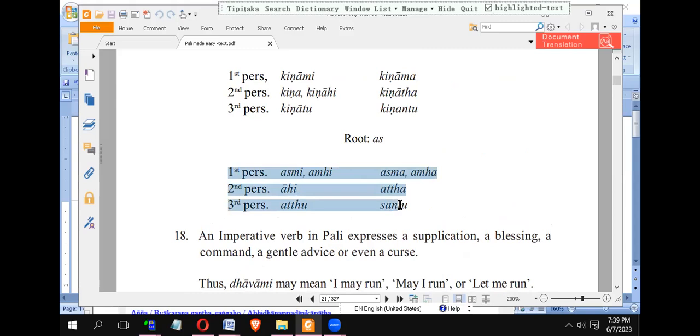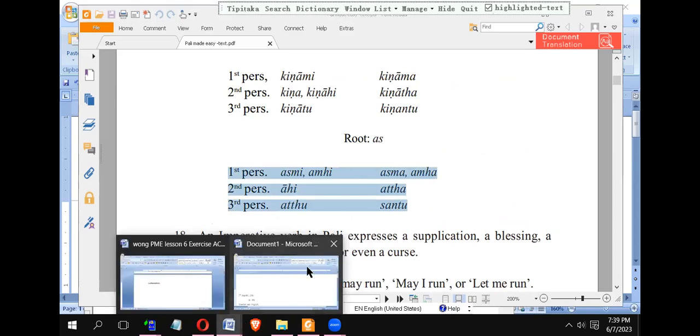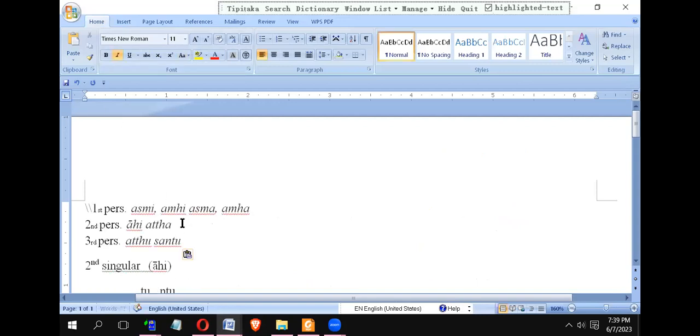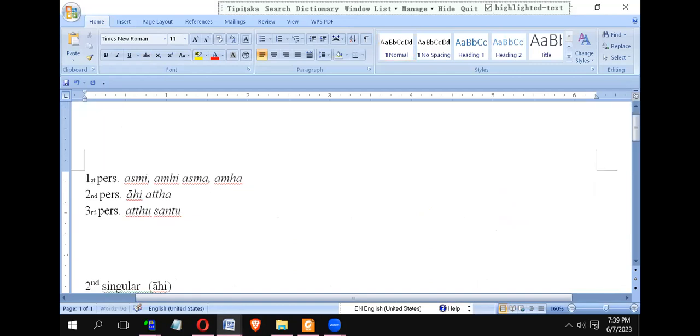This root as has nothing to do with the first conjugation sign A, right? It has nothing to do with the conjugation sign. Okay, the root is, can you see? As plus tu, it becomes astu.